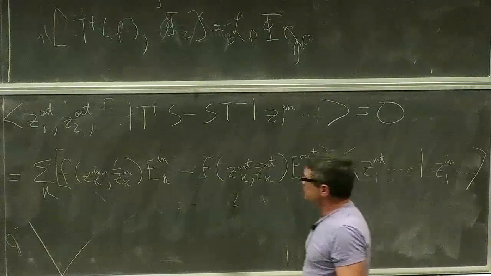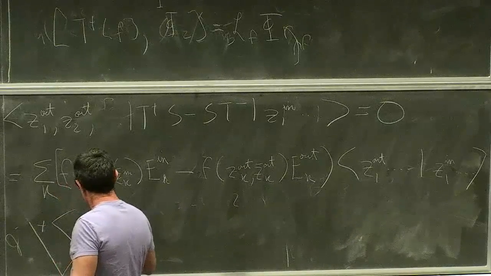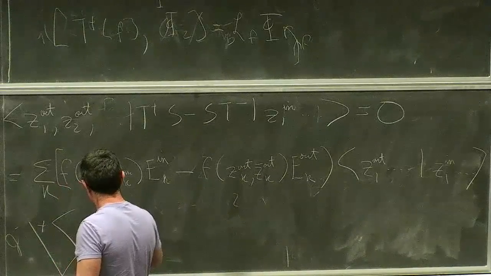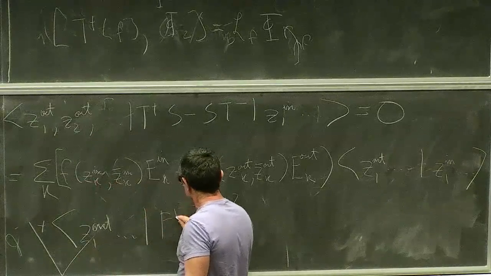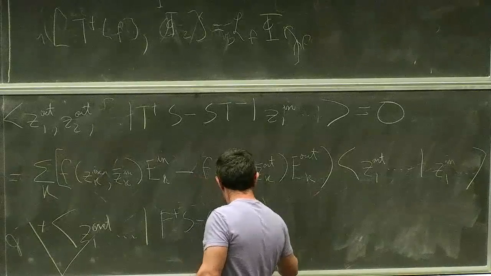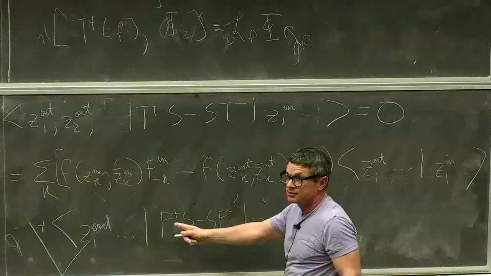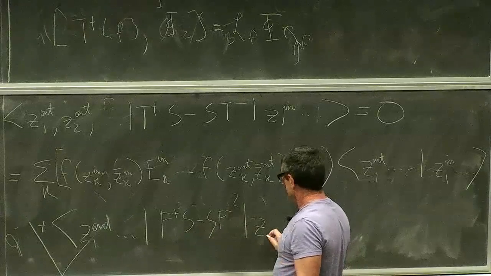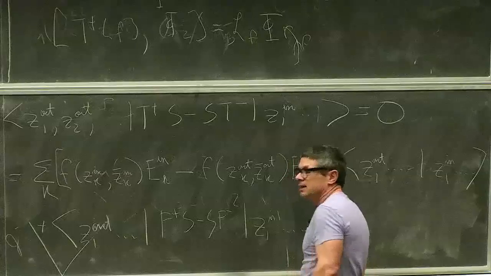And then I get a second term, which is z1 out, dot dot dot, and then I have F plus S minus S F minus at z1, where this is the operator which creates a soft graviton, z1 in, dot dot dot. OK.